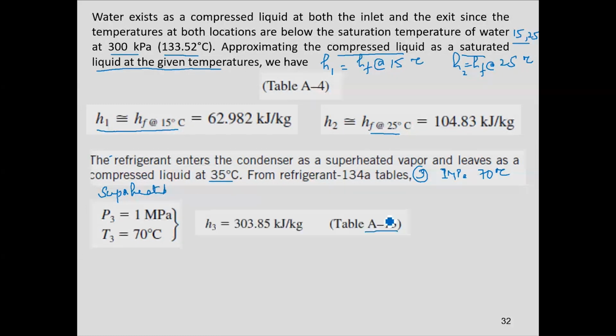So you'll use table A-13, the superheated table for R134a, and this would give you the h3 value to be 303.8.